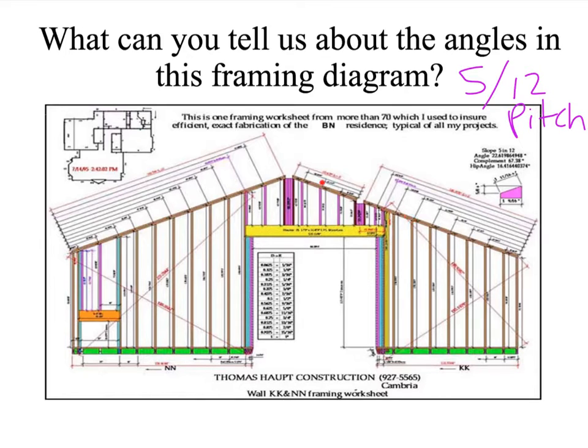What do we know about all of these angles going up? Will these all be the same? I would say so. These are all going to be corresponding angles as you go from inside each one right there, and that'll all be based off of that 5/12 pitch if you want to figure out that angle.